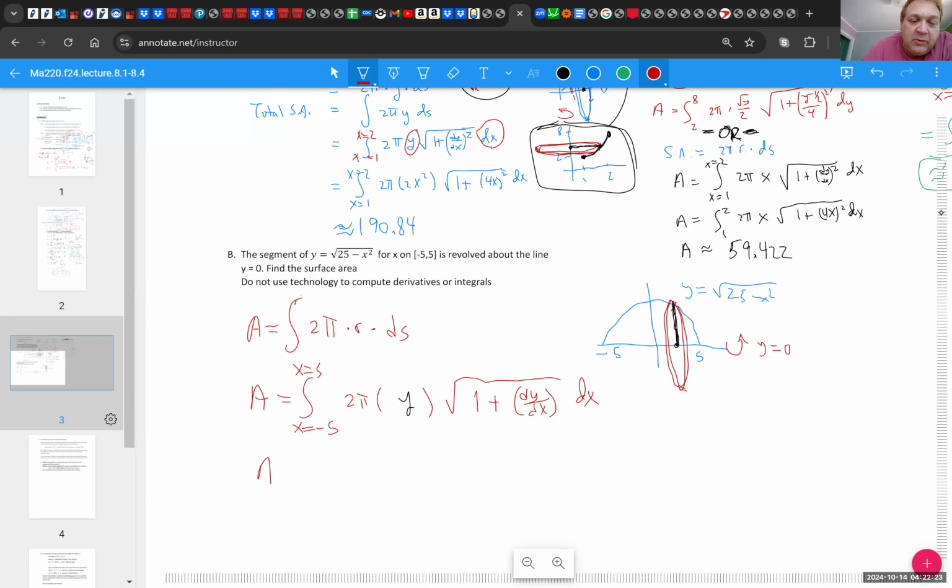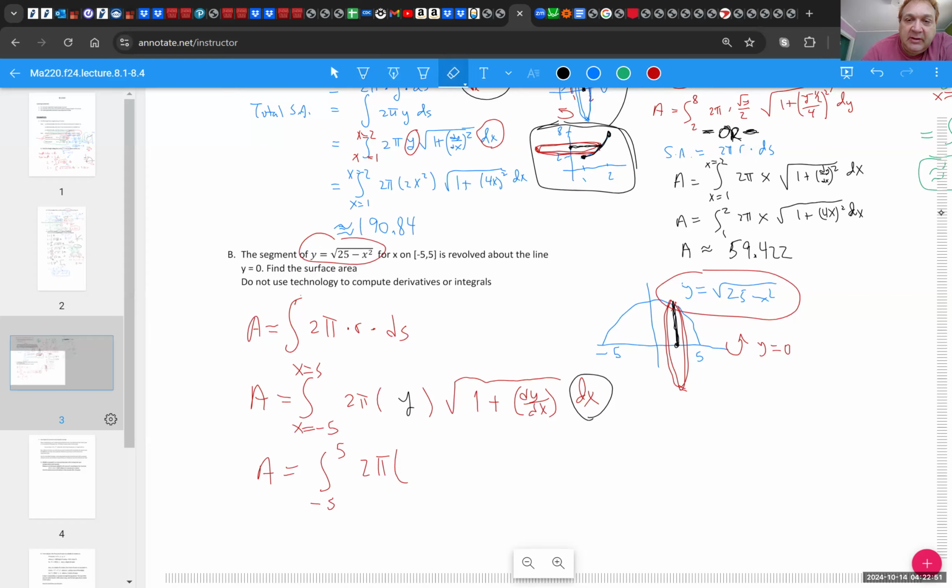All right, so we need to put everything in terms of dx's. Remember, our differential tells us the variable we need to put everything in terms of. So we're going to put everything in terms of x's. So we get -5 to 5, 2 pi. We need to not have y here because it's got to be in terms of x. So how do we change y into x? Well, that's the function, right? y is equal to square root 25 minus x squared.